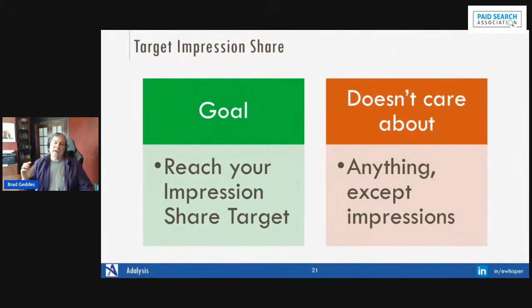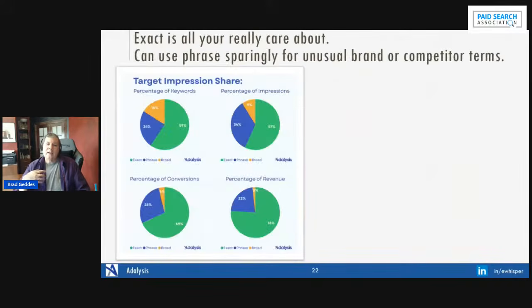Right, target impression share. Well, it only cares about impression share. It doesn't care about anything but impressions. So, no surprise, by far the most used match type is exact. It is one of only 2 bid strategies where exact match actually led the number of impressions. I mean, the goal is impressions here.